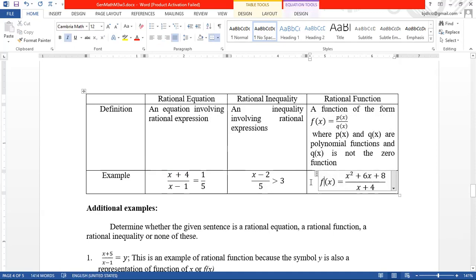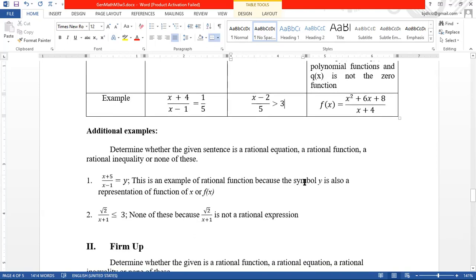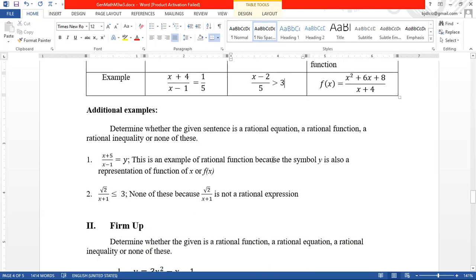Function man. Okay. So additional examples, determine whether the given sentence is a rational equation, a rational function, a rational inequality, or none of this. First, x plus 5 over x minus 1 is equal to 1. Okay, this is an example of rational functions because the symbol y is also representation of x or f of x, of function of x or f of x.